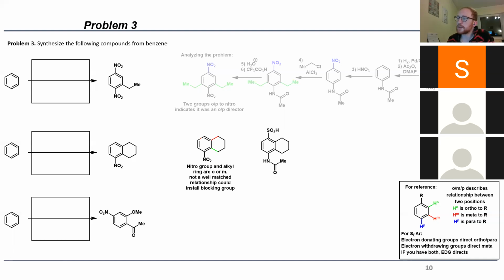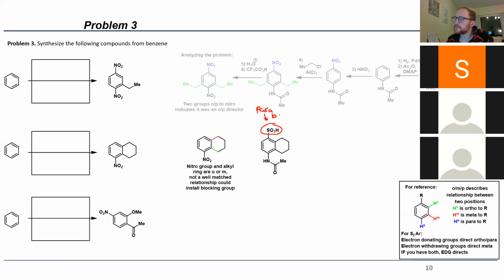And so if I thought about working this compound back, I want to put in an ortho-para directing group, but then I would also recognize the fact that if this nitro group was an ortho-para director, it would direct the Friedel-Crafts alkylation to the para position. So what we also need is a reversible para blocker. And so we can do that using sulfonylation chemistry.